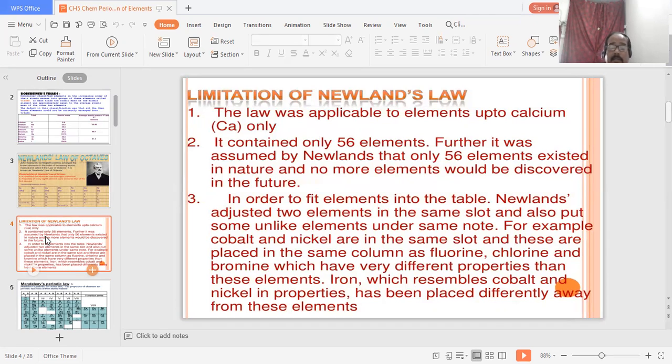For example, cobalt and nickel are in the same slot, and these are placed in the same column as fluorine, chlorine and bromine, which have very different properties than these elements. Iron, which resembles cobalt and nickel in properties, has been placed away from these elements.